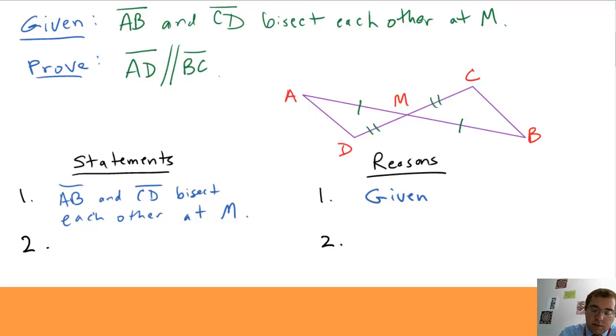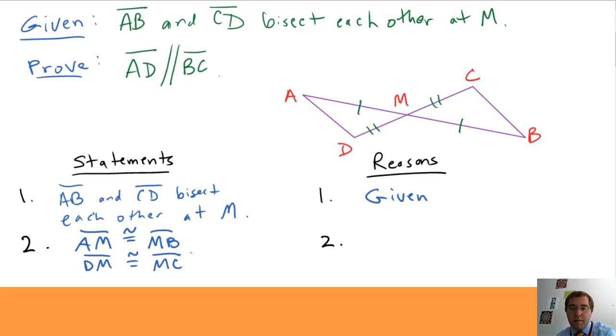So I will state those. Segment AM is congruent to segment MB, and segment DM is congruent to segment MC.